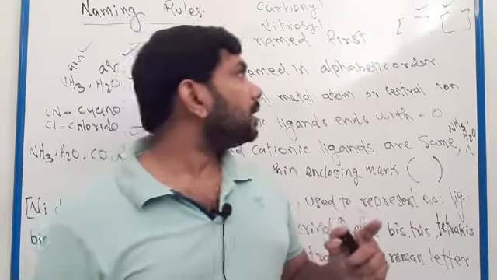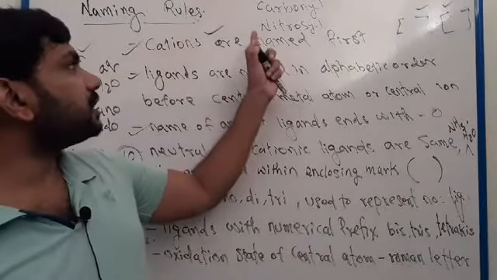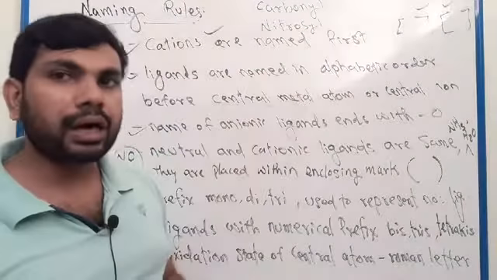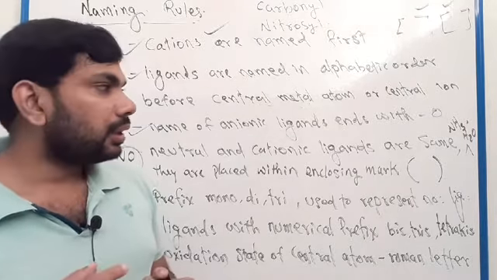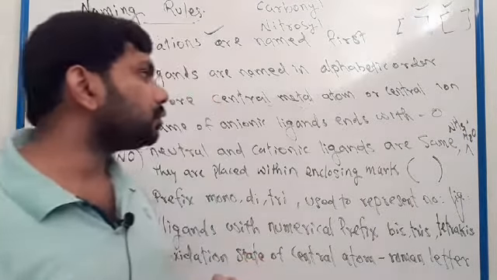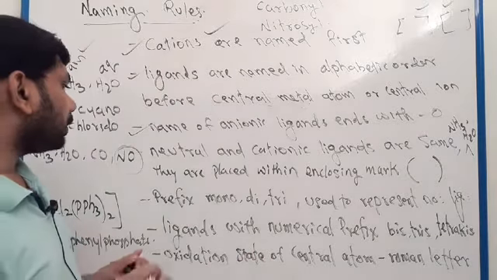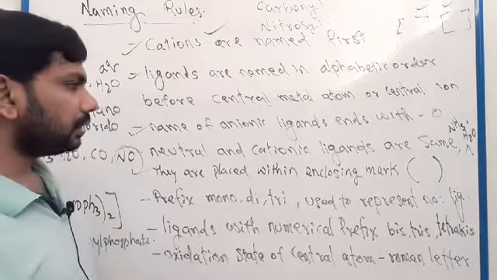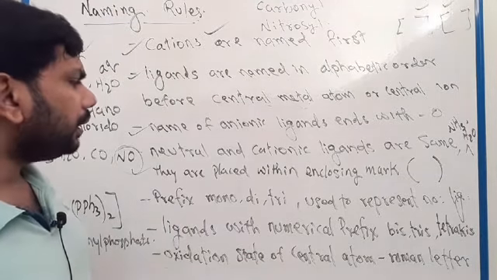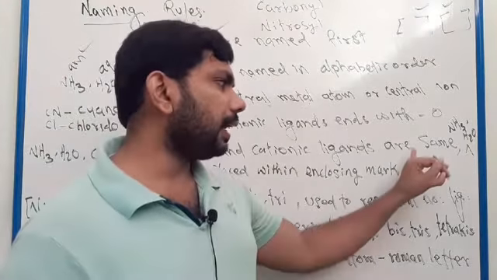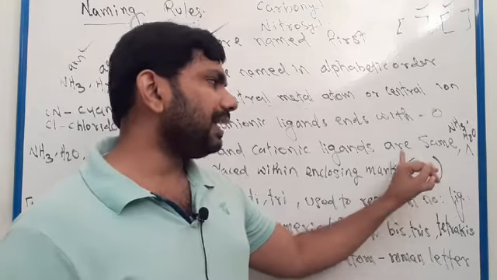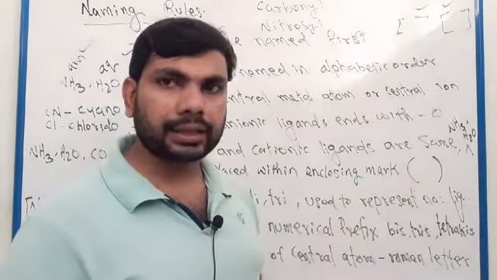Then we discussed CO carbonyl, NO nitrosyl. Okay, so names of ligands we have to give according to this order. Clear? And here the names of these ligands we will include within square brackets.